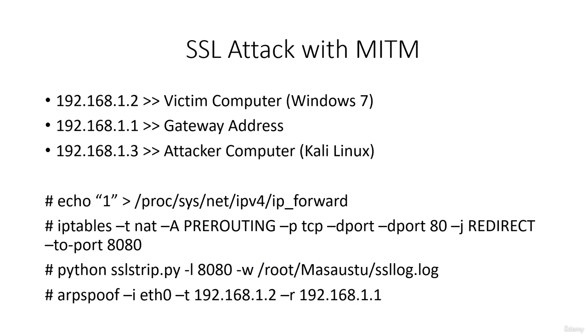Then the attacker should start arpspoof, as you can see, this tool, to get the man-in-the-middle connection. This will get you all the traffic in this man-in-the-middle connection. At that point, the SSL strip tool is sniffing the connection between the computer and the web server.